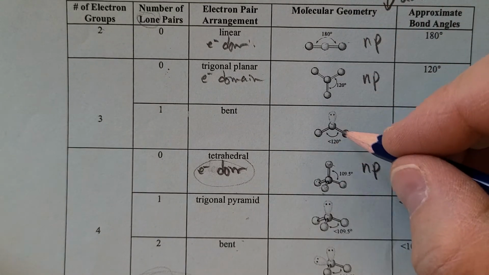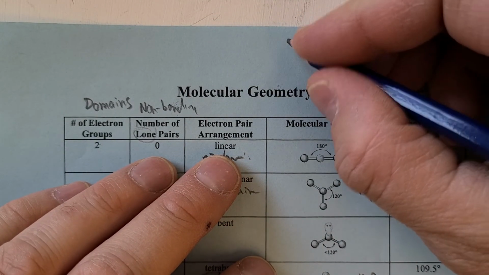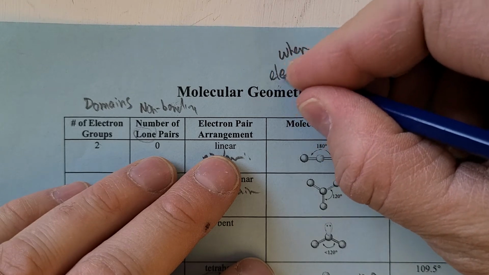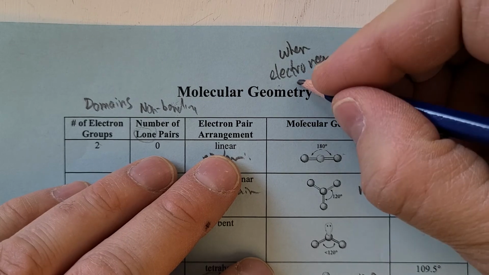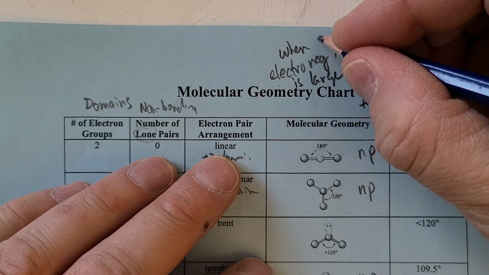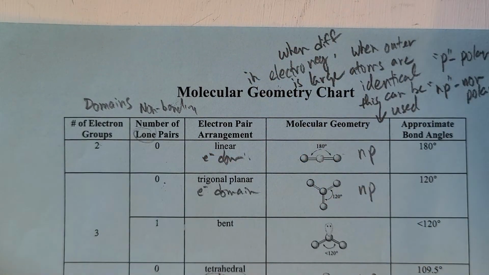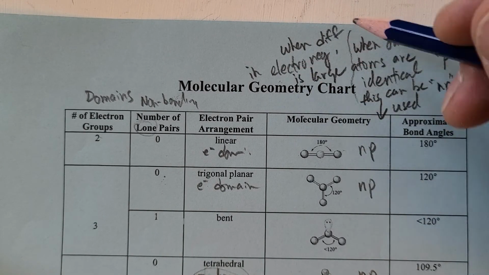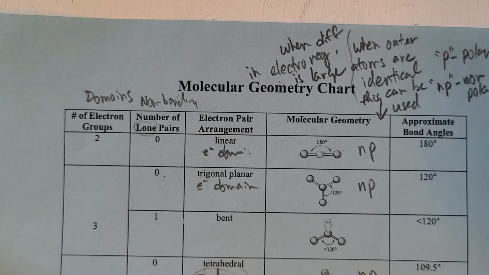Now, a bent molecule, we should also say when the difference in electronegativity is large, sorry, I'm kind of changing what I'm doing here as I go along. When the difference in electronegativity is large, and when the outer atoms are identical, we can use this schematic.